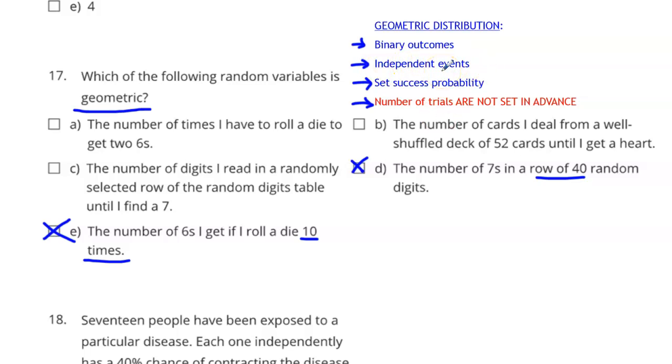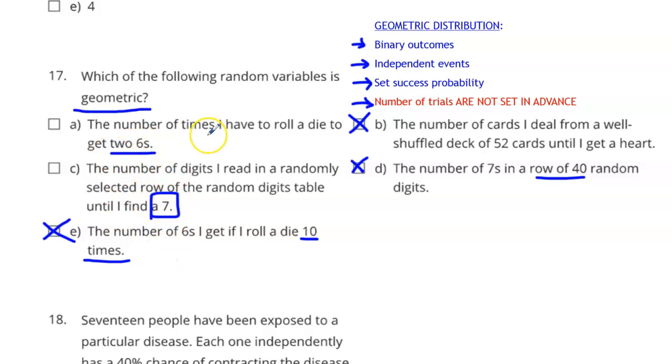The outcome of one doesn't affect the outcome of another. If I deal cards from a well-shuffled deck of 52 cards, I'm going to start from 52 cards, then I'm going to have 51, then I'm going to have 50. So that seems like the outcomes are not independent. They are dependent on each other. So now we come down to either A or C, and C is the correct answer because we're looking for one specific value, either a 7 or not a 7. This says to get 2 6s.